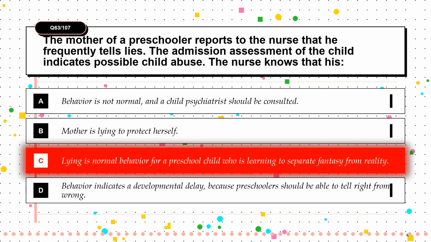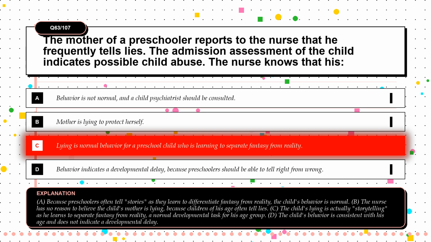The correct answer is option C. Lying is normal behavior for a preschool child who is learning to separate fantasy from reality. Because preschoolers often tell stories as they learn to differentiate fantasy from reality, the child's behavior is normal.